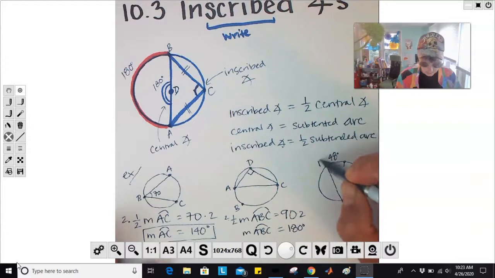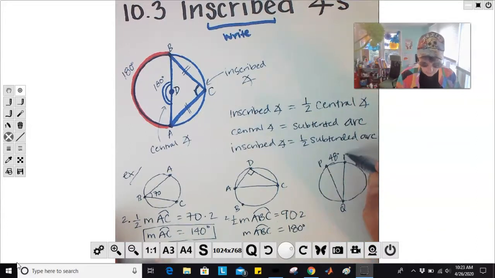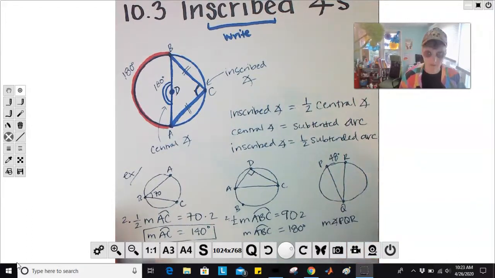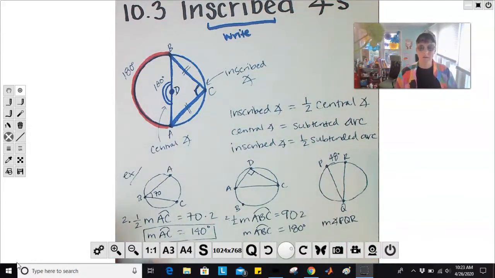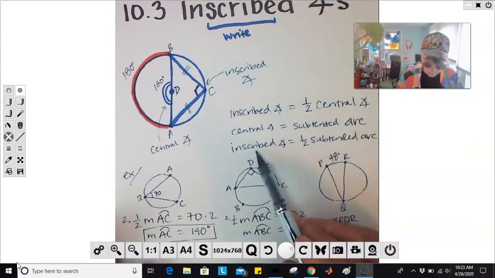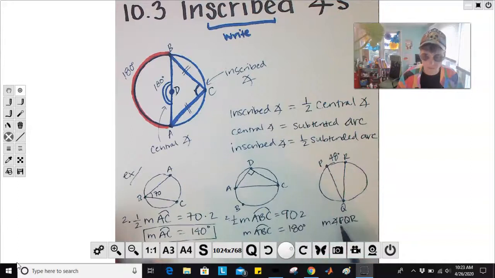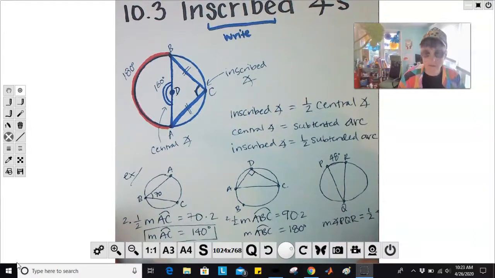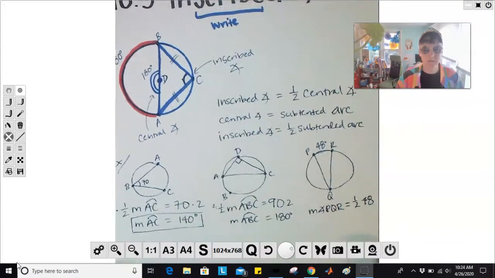And let's call these points P and Q and R. And this time I want the measure of angle PQR. Well, we know the inscribed angle, which is what we're looking for, is equal to 1/2 of the subtended arc, 1/2 of this arc, which is 48 degrees, which you can't see anymore.